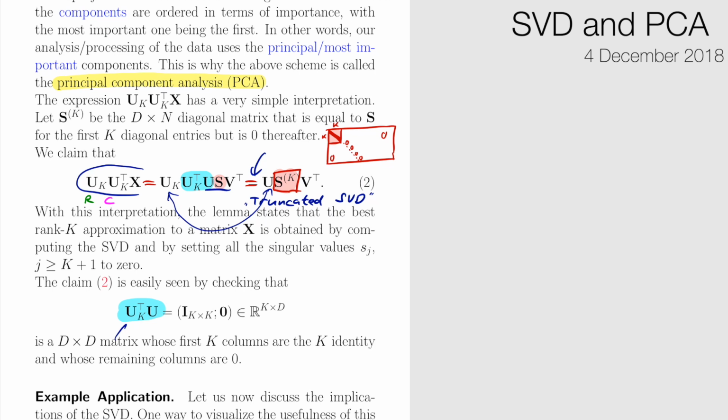What was your approach? If you have UK times UK transpose, then you do the identity, right? The identity with the zeros. And then just one S instead of an N, you can keep U. You're saying this is the identity? With some zero columns.